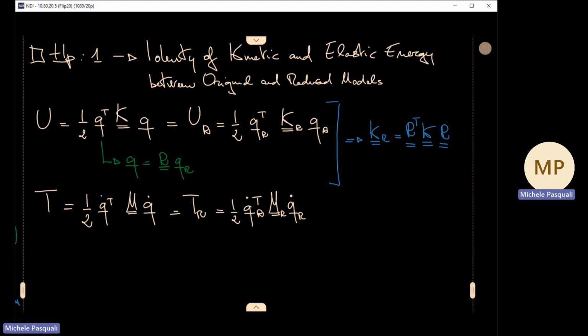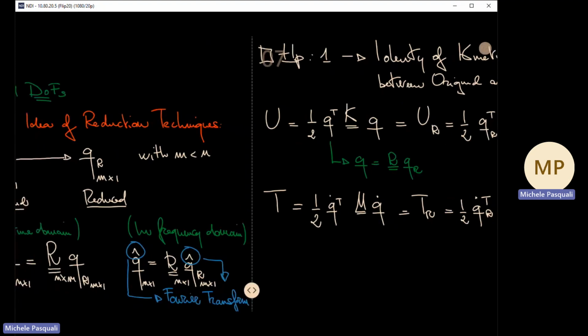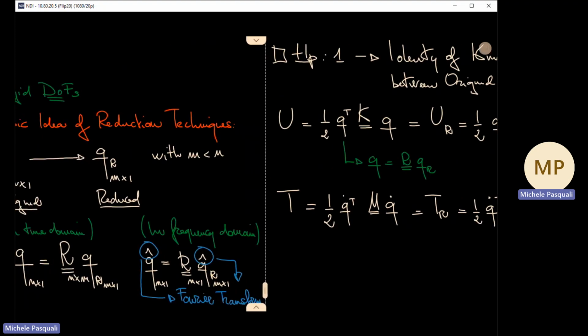Okay. Again, of course, these reduced order transformation matrices R are non-dependent in time. That's why here, when I did the Fourier transform, it stays the same.